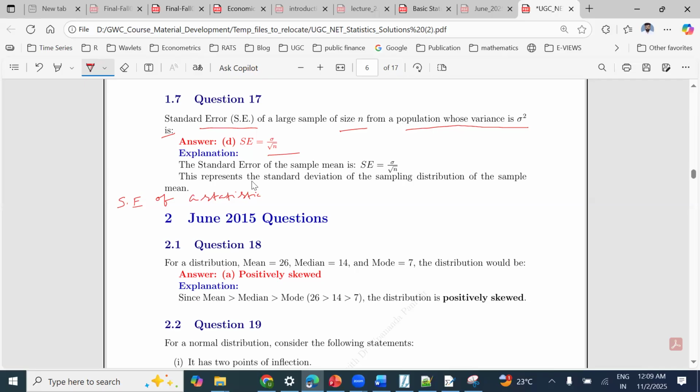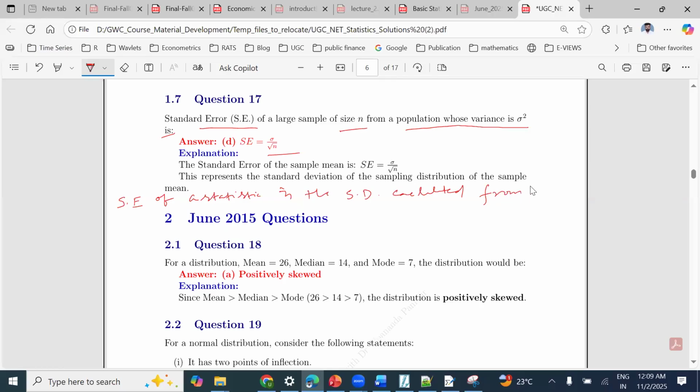Now the question I had asked: the standard error of a statistic is the standard deviation calculated from the sampling distribution of the statistic.